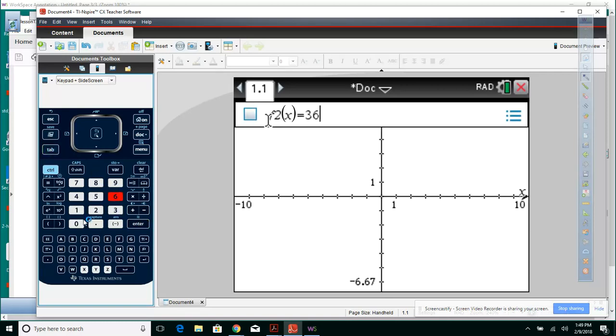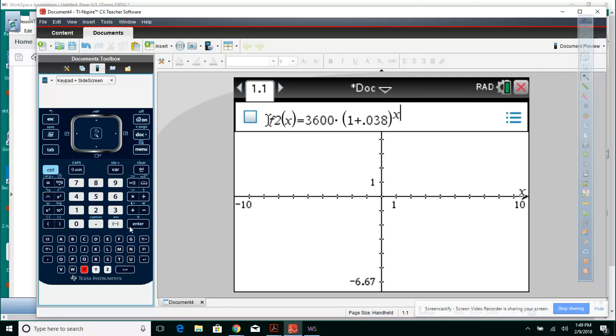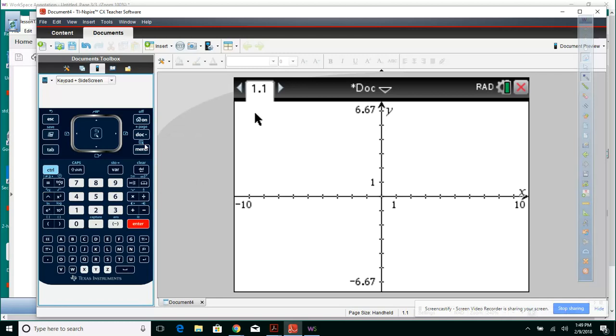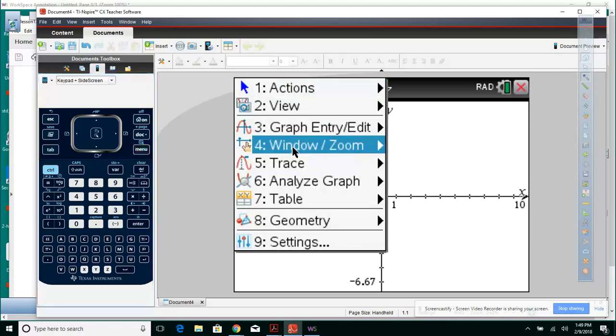That's going to be 3,600 times, open parentheses, 1 plus 0.038, close parentheses, caret X, enter. I can't see it, so menu 4.